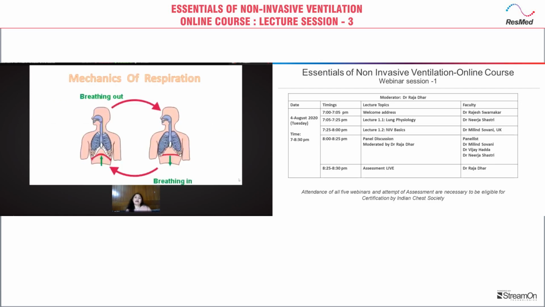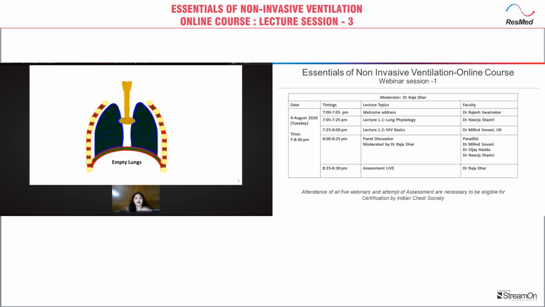Now coming to mechanics of respiration. If mechanics were so easy, taking the air in and breathing it out, I think my job would have been very easy. But it is not just breathing in and breathing out; a lot goes beyond these two.